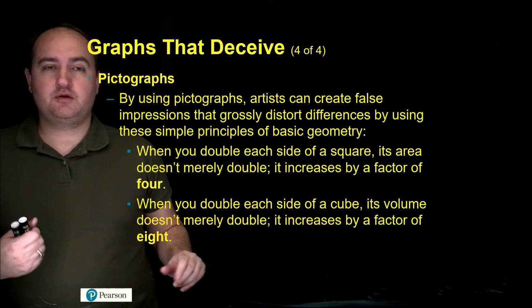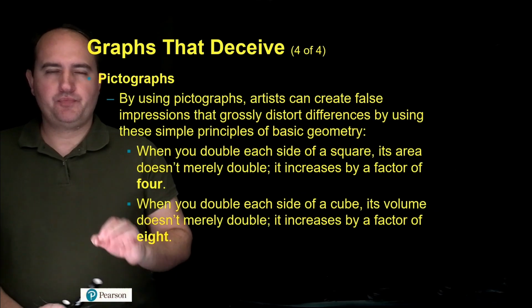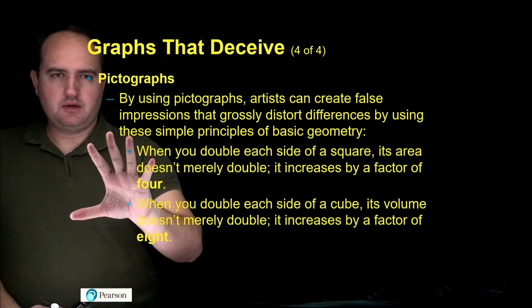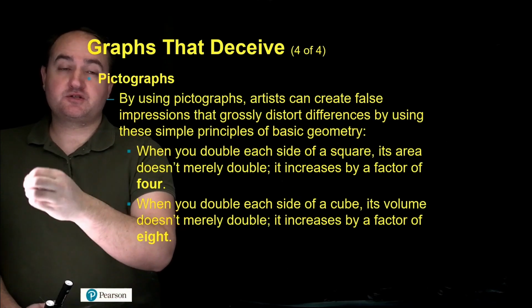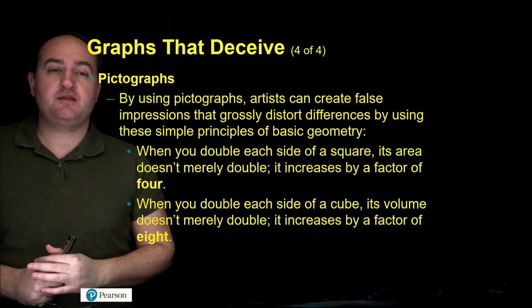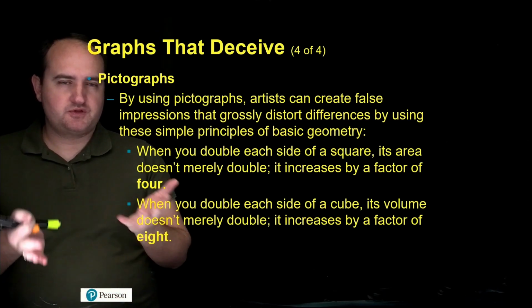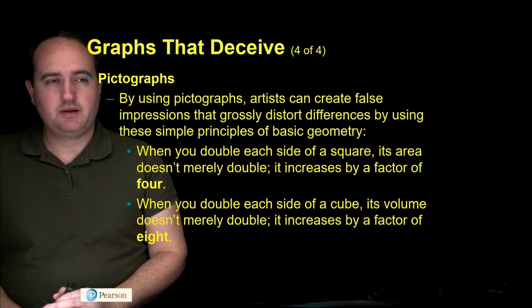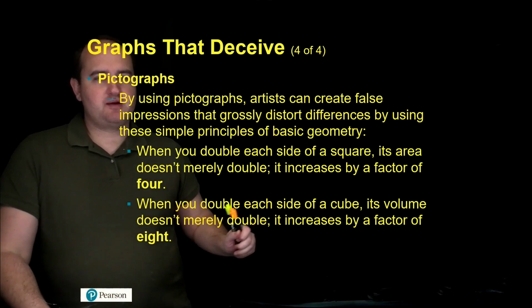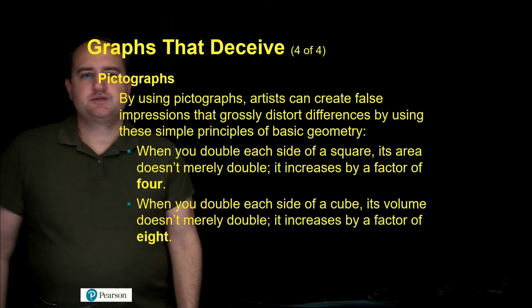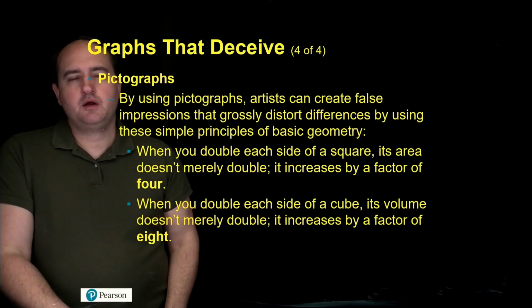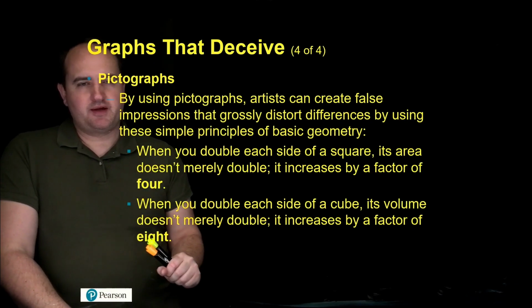So on your homework, you will see something like 2 figures that are pictographs, but they're actually representing volume, and then they will exaggerate the difference between the 2 numbers even more. Because instead of multiplying by 2 to get the volume in the new figure, you're actually going to be multiplying by 8.